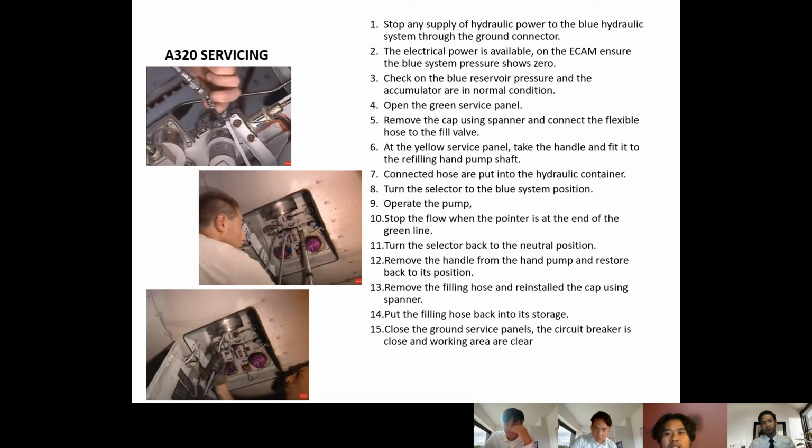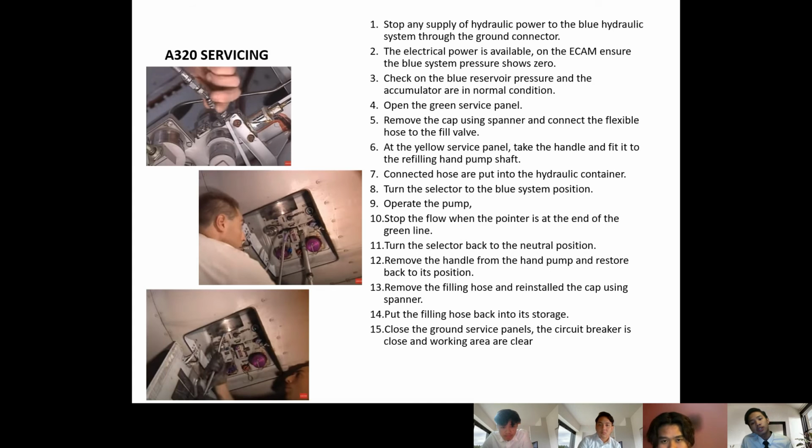Seven, put the connected hose into the hydraulic container. Eight, turn the selector to the blue system position. Nine, operate the pump. Ten, continue until you stop the flow when the pointer is at the end of the green line. Eleven, turn the selector back to the neutral position. Twelve, remove the handle from the hand pump and restore it to its position.